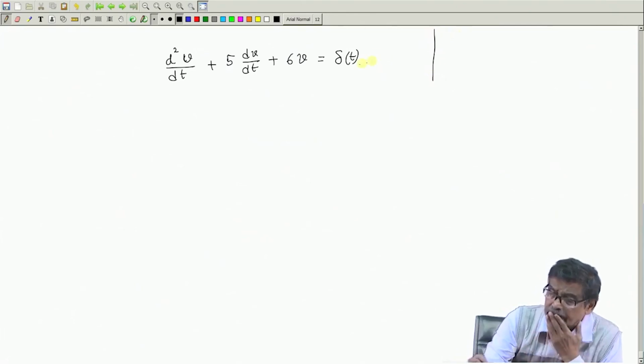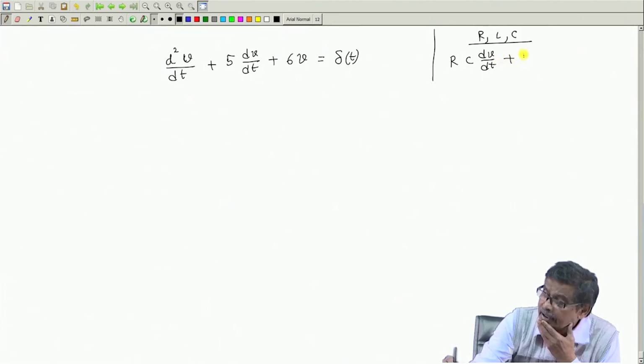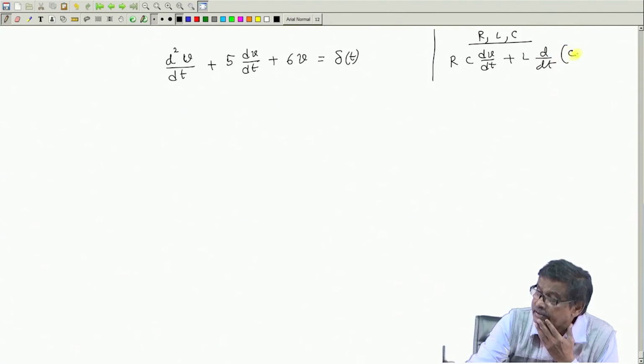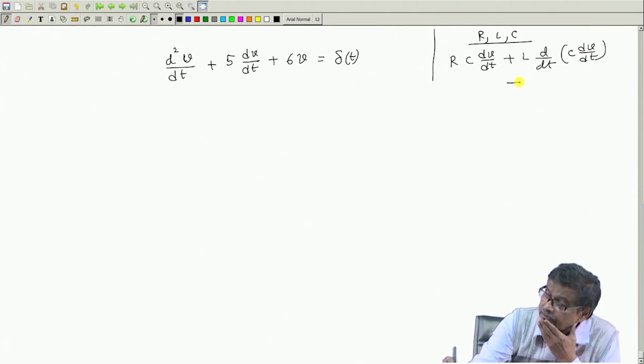Recall that in an RLC series circuit, the differential equation will be Ri plus L d/dt of i, where i is C dv/dt, plus v, and that is the left hand side, and any excitation x(t).